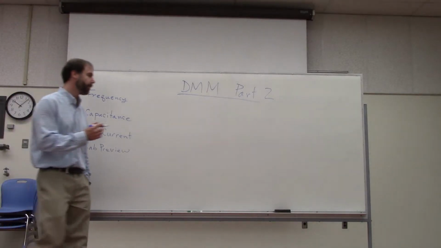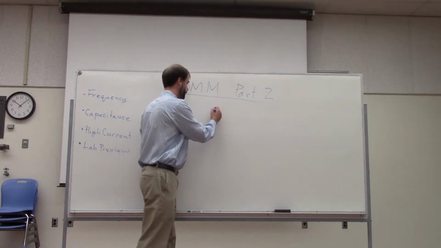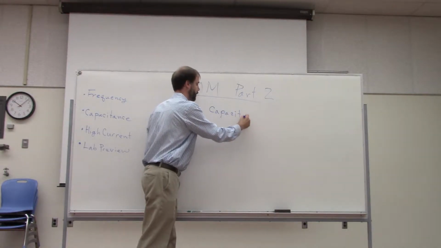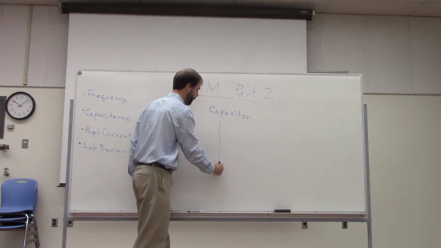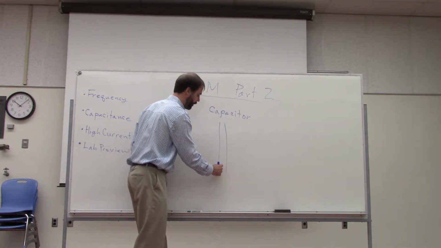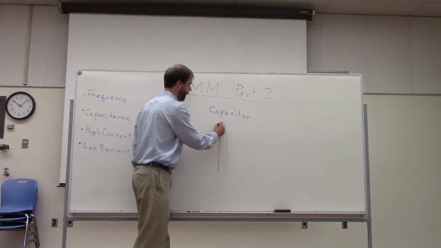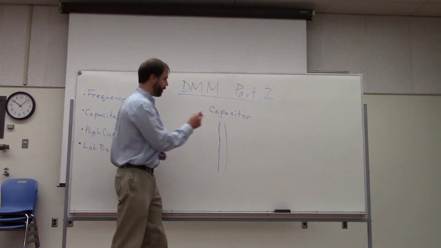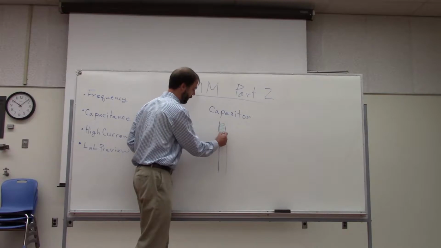Fundamentally, a capacitor is just two plates of metal that are close to each other but not touching, and they are separated by a layer of insulating material called a dielectric.